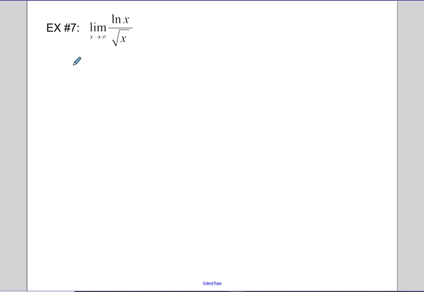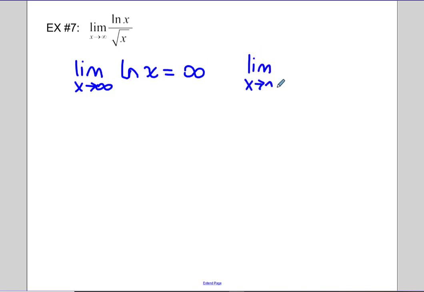And then example 7, the last one in this section. The limit at infinity for natural log of x is infinity, and the limit at infinity for the square root of x is also infinity. Again, this is case 1, infinity divided by infinity, so we can employ L'Hopital's rule.